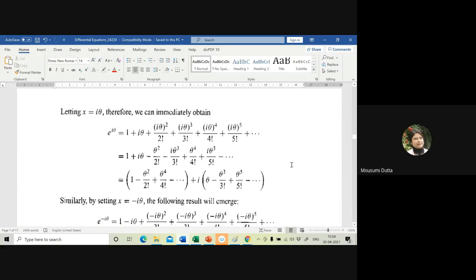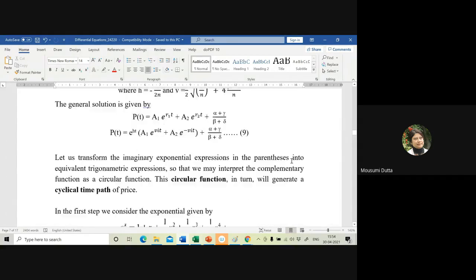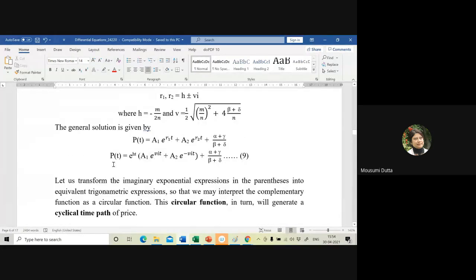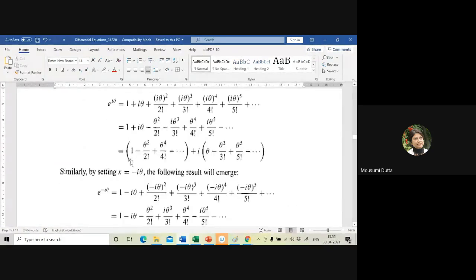I hope you are understanding. I have two parts in my time path, e to the power vit. For e to the power vit, suppose vt is equal to theta. Then the expansion will be like this.